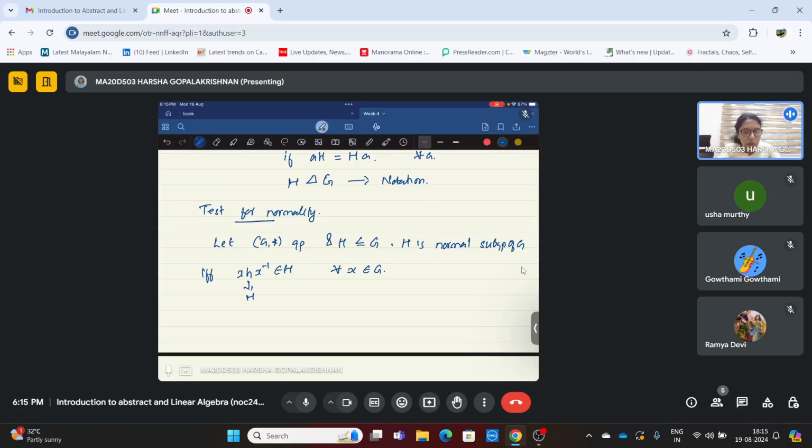Conversely, if it is normal, this condition xhx⁻¹ belongs to H is satisfied. So when we come to a problem, if we are asked to check whether a subgroup is normal or not, we will simply use this condition. That is enough.